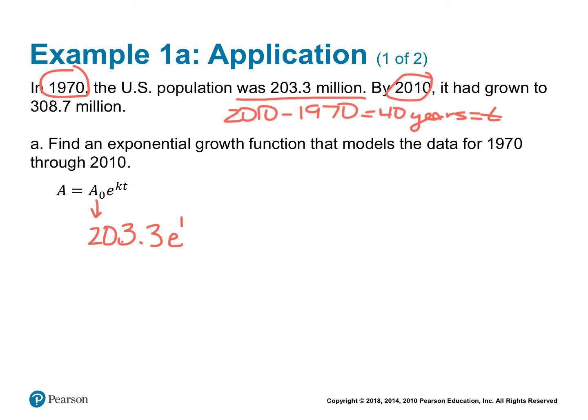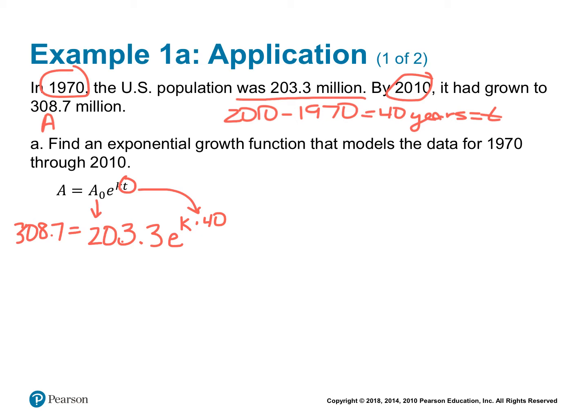So we don't know k yet, but we do know t is 40, so we can multiply those together. And we know that at the end, we got an amount of 308.7. Okay, so now let's see what we can simplify.